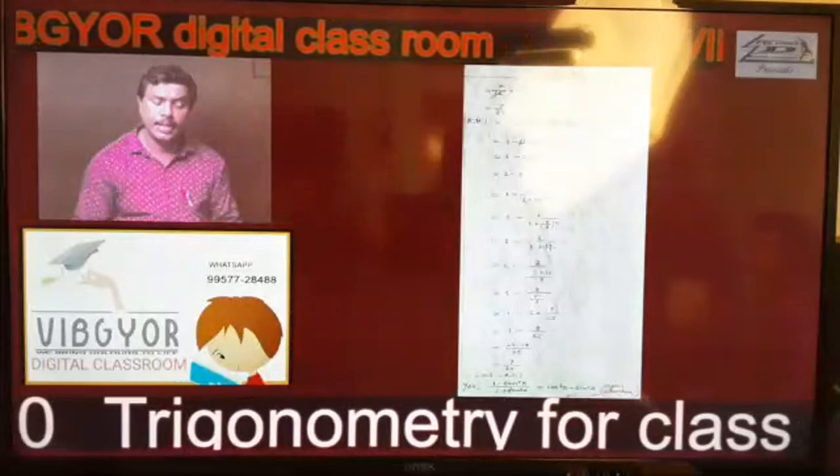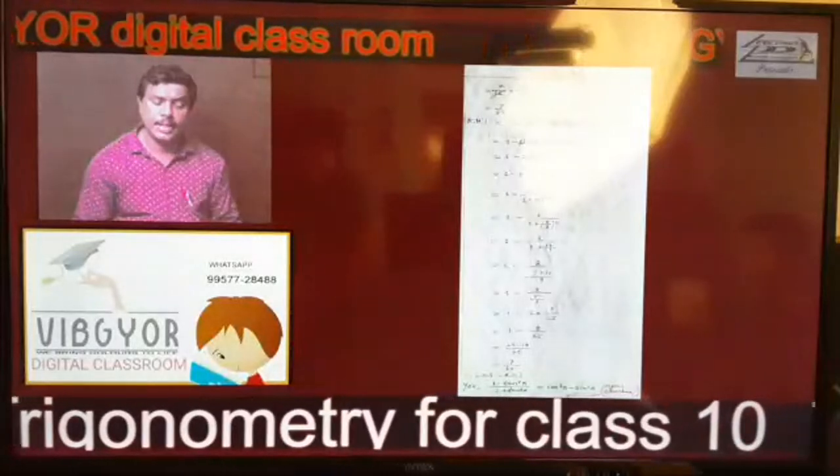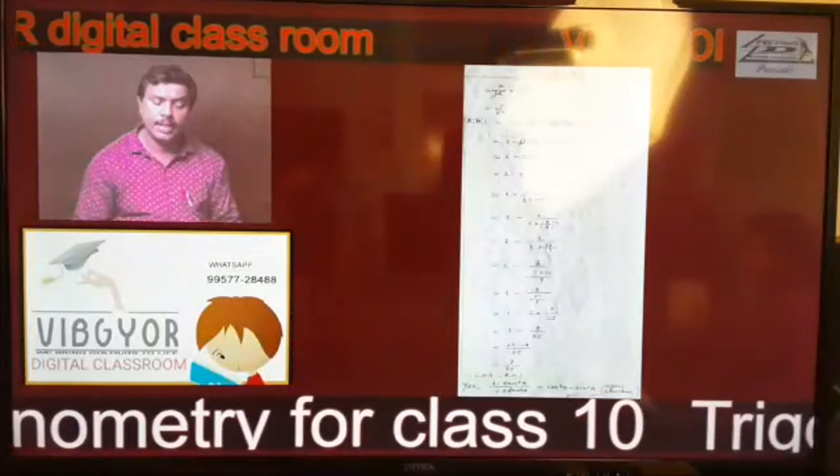RHS. In the right hand side, cos square A minus sin square A is there.